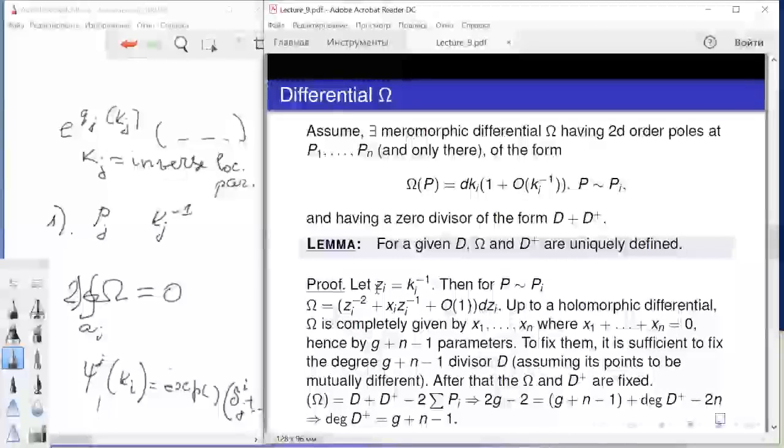Let me invent a notation for local parameter zi equal to ki squared minus 1.